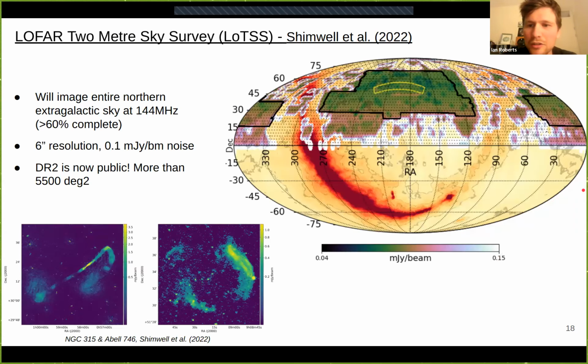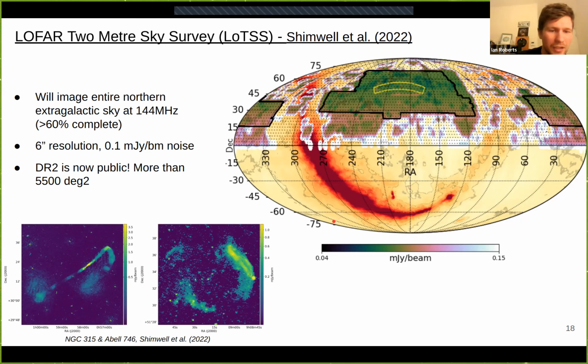Over on the right-hand side here, the green and pink and white is showing you what parts of the sky have been observed by LoTSS, this two-metre sky survey. The yellow region was data release 1, and the black region, both the 12-hour field and the 0-hour field, is data release 2. So there's now more than 5,500 square degrees of this imaging, as well as visibilities, which are all publicly available.